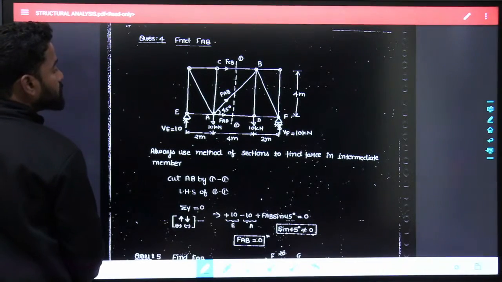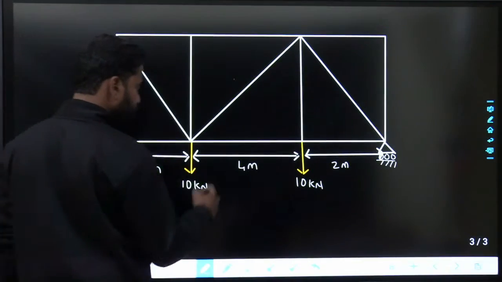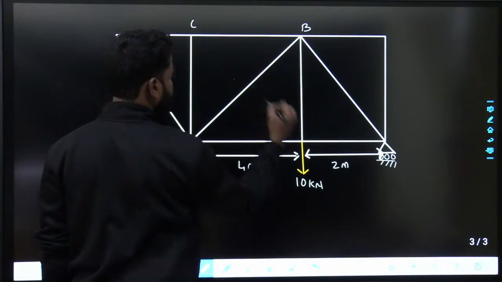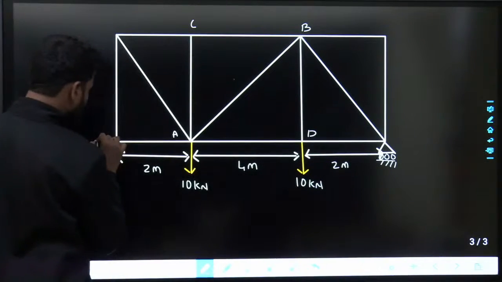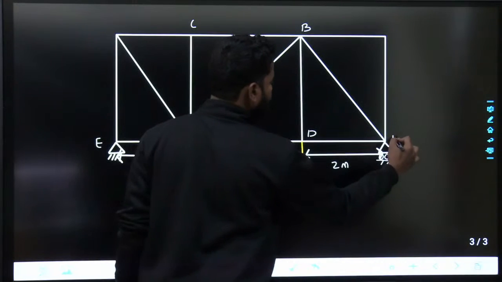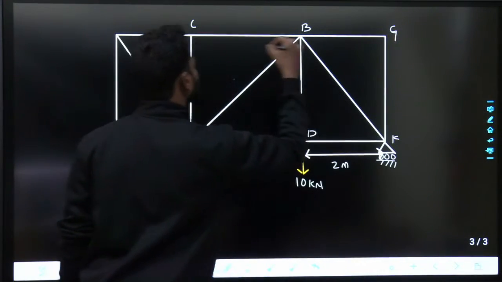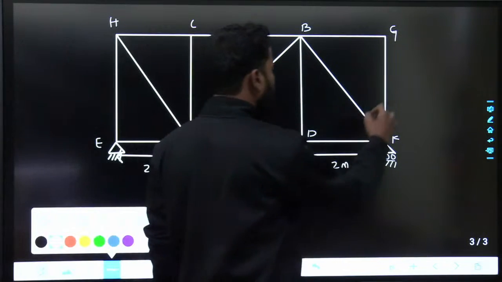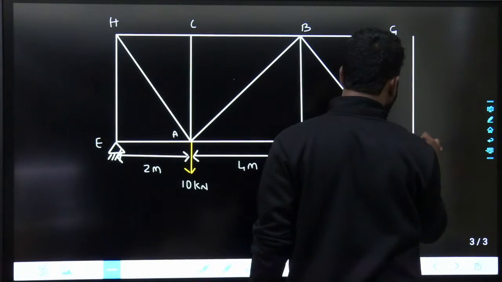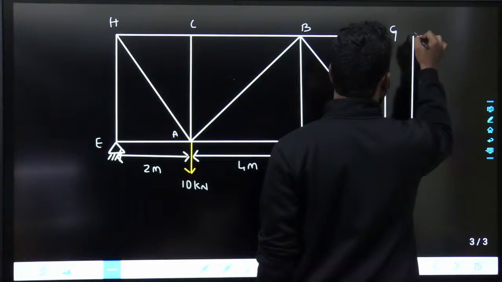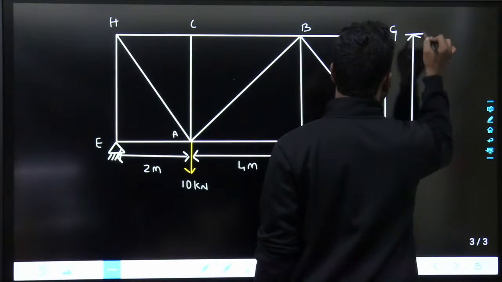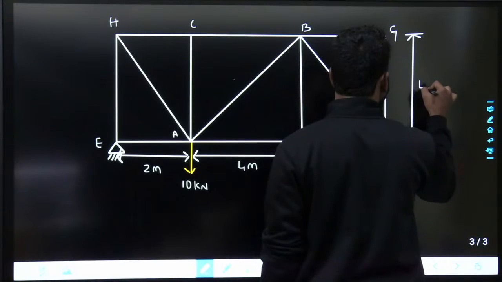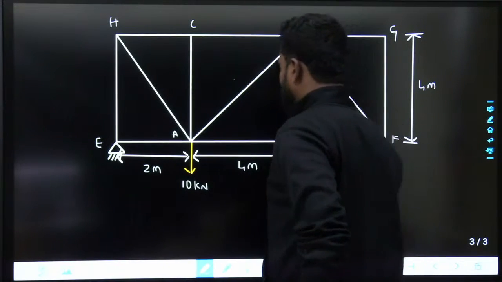A, B, C, D, E, F. A, B, height is also 4 meters.